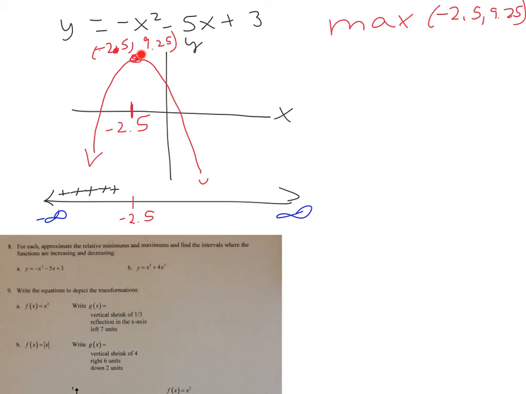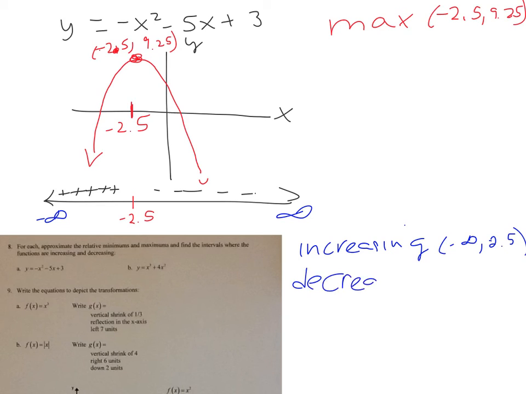And then from your max to infinity, it's decreasing. So let's write that down. It's increasing from negative infinity to negative 2.5, and it's decreasing from negative 2.5 to positive infinity.